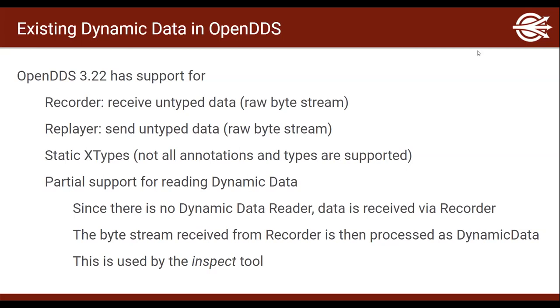Right now that is used by the inspect tool, which allows you to specify a type in a topic, and it will listen to it and print out the samples it sees. There's a lot of tools to do that, but this specifically uses the dynamic data.